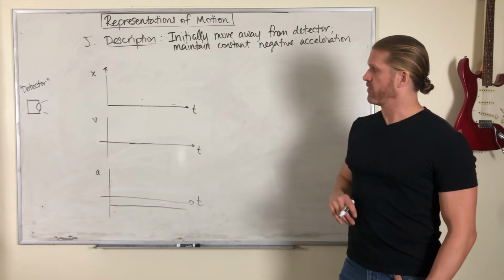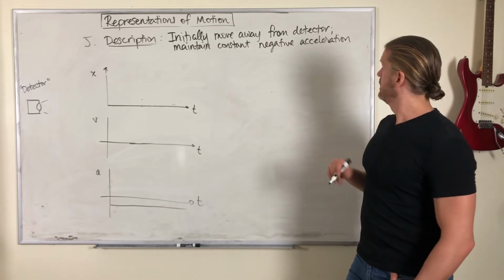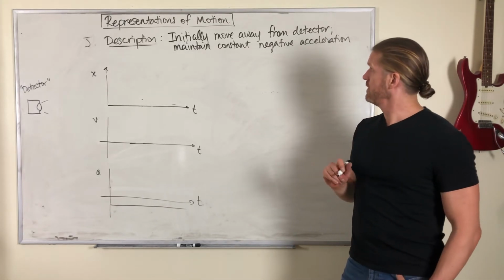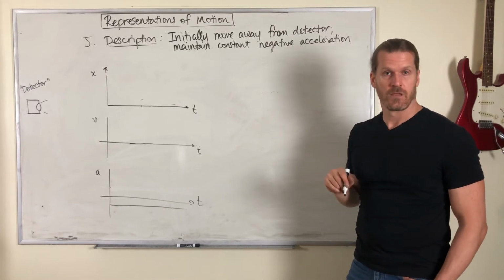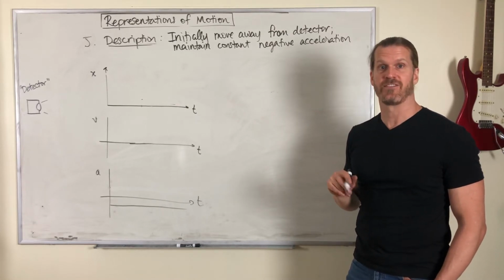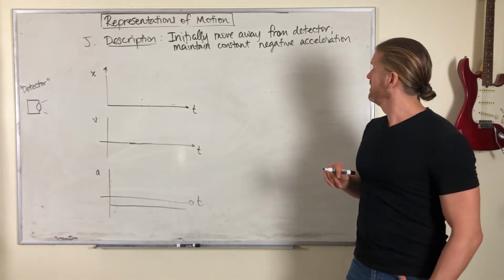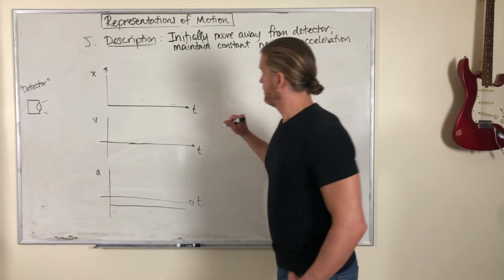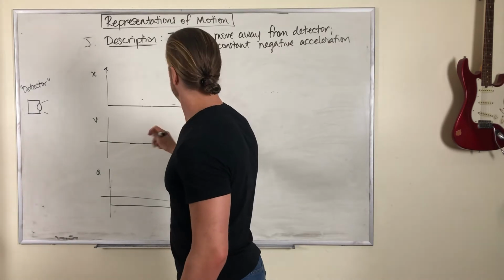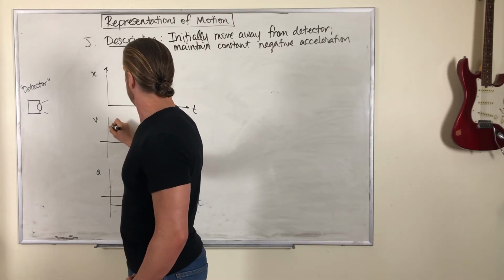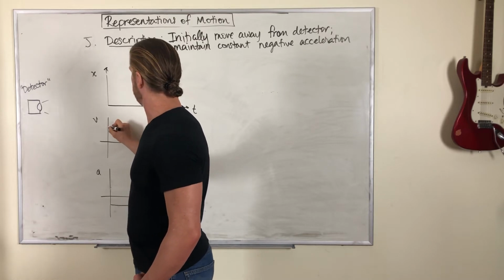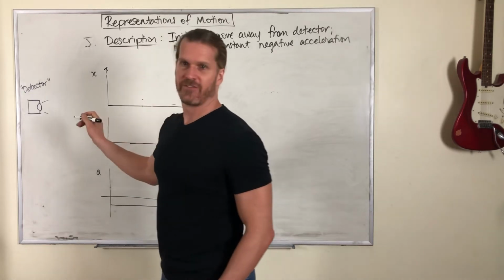Now let's think about the position and velocity. If we're initially moving away, that would mean that velocity is positive. And there's several ways this could go.